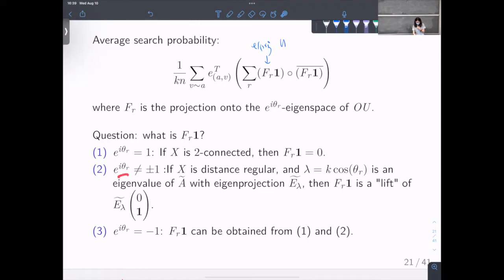And if the eigenvalues are not plus or minus 1, and if the graph has a nice equitable partition, for example, when it's distance regular, then F_R 1 can be lifted from this vector using some incidence matrices. But I won't bother you with the details.